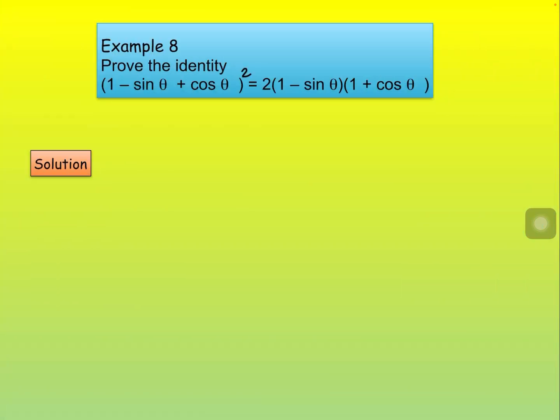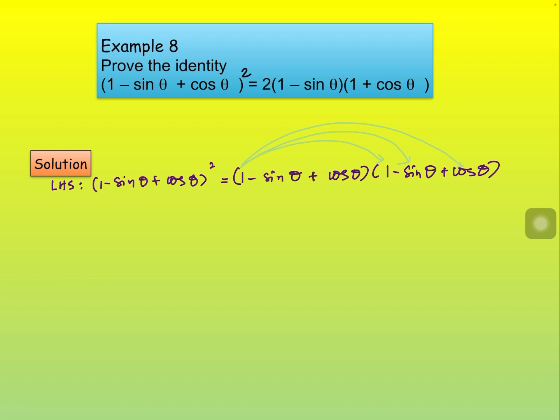Example 8. Prove the identity (1 minus sin theta plus cos theta) squared equals 2 times (1 minus sin theta) times (1 plus cos theta). We may start with the left hand side, (1 minus sin theta plus cos theta) squared. So we multiply this twice.